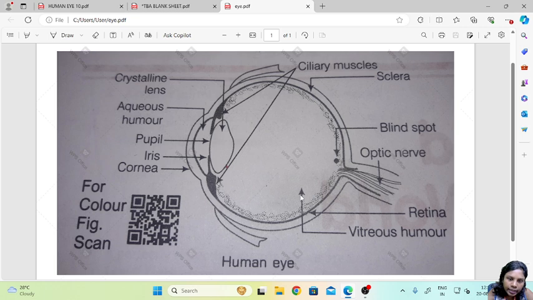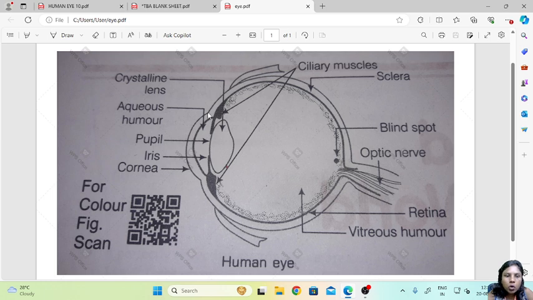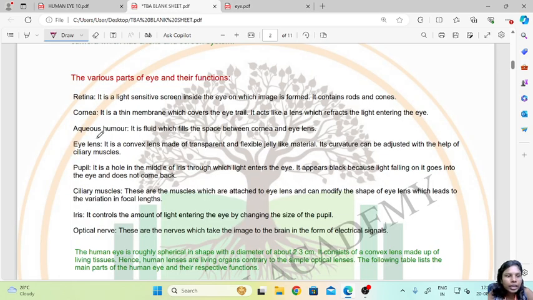This entire thing is the eye system, and the thin membrane which covers it is the cornea. It acts like a lens which refracts the light entering the eye. This is the part that acts like the lens and helps in bending of light.